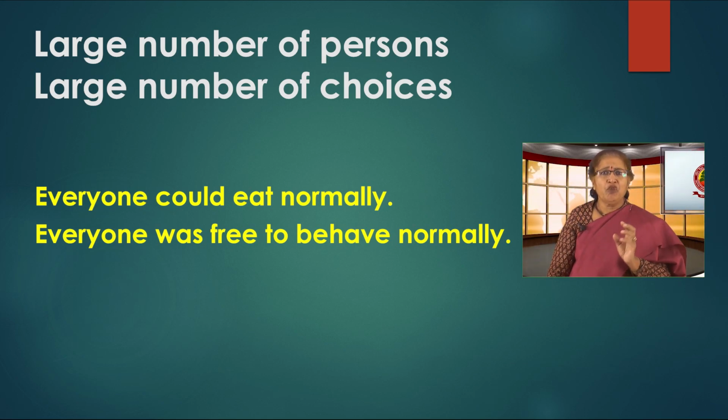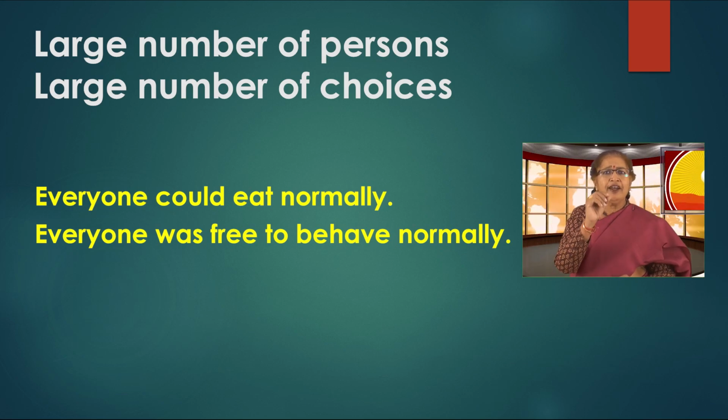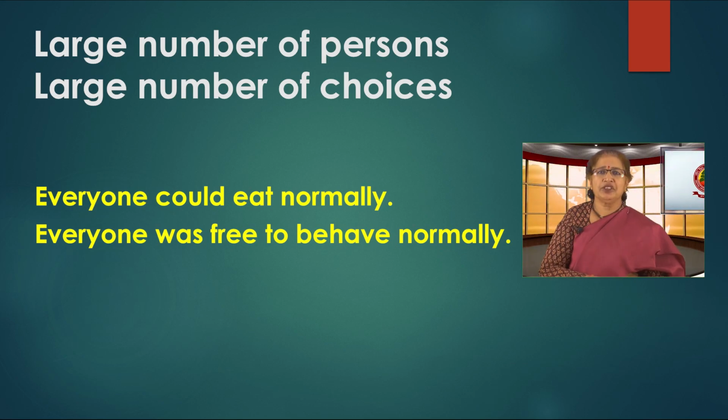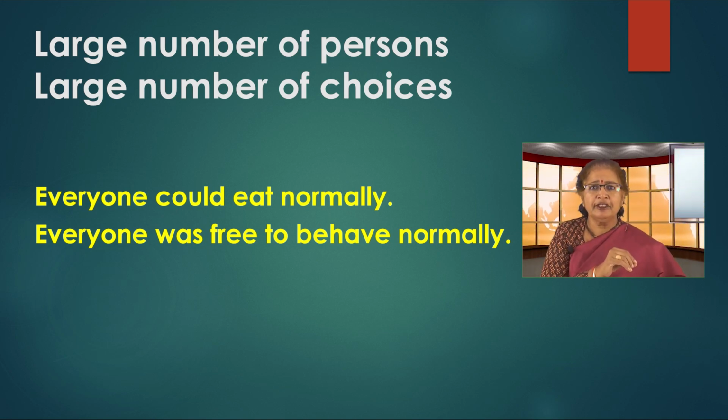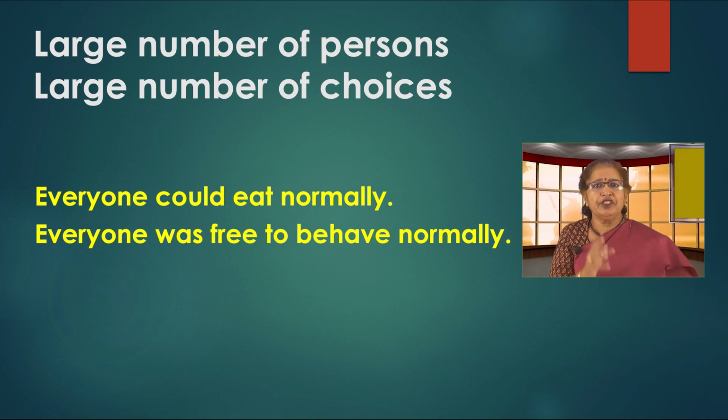None of them was forced to eat other than the normal choices. The specific choices of some persons could be adjusted with the disliking of other persons for the same thing, and thus every type of food was consumed by the entire group normally.